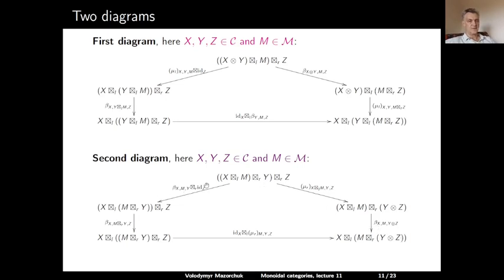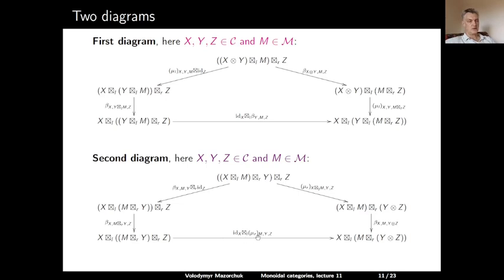And alternatively, we start from x acted on m, then we act by y and then by z. So we use beta to move the inner brackets to the right. So we start with m, act by y, then by x, then by z. Again, we use beta to move the outer brackets to the right. So we start with m, act by y, then by z, and then by x.